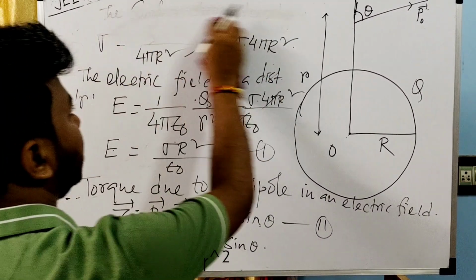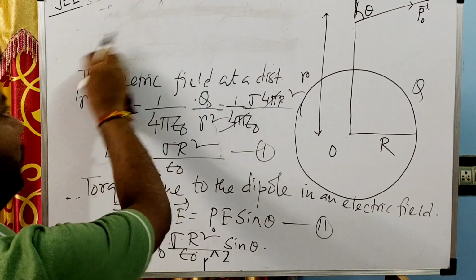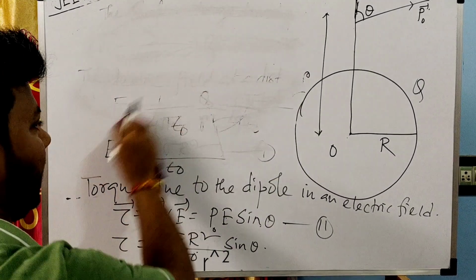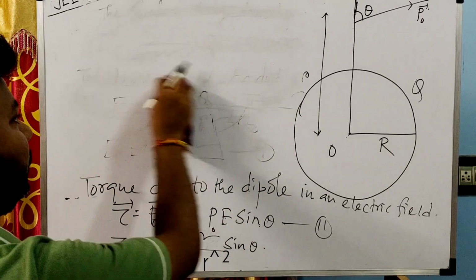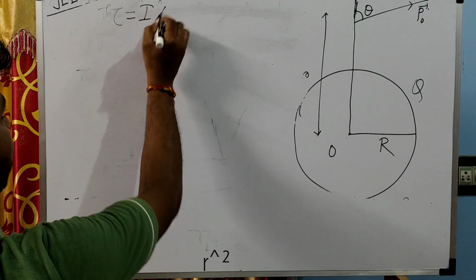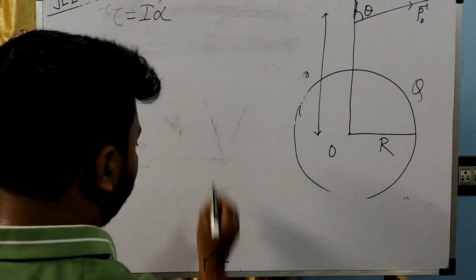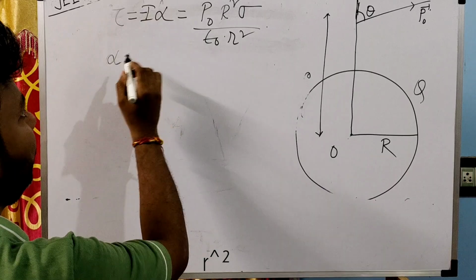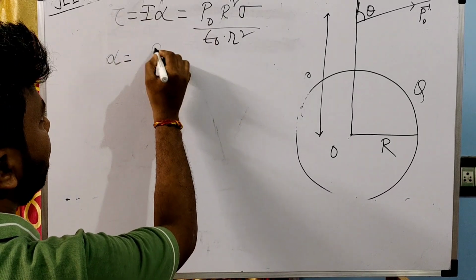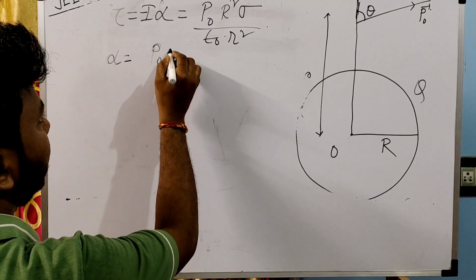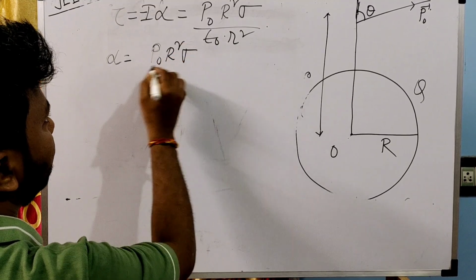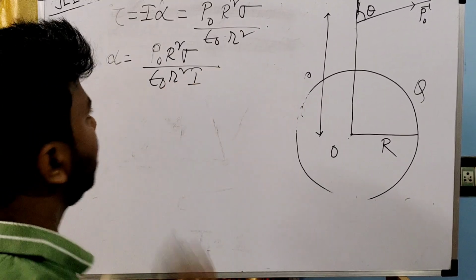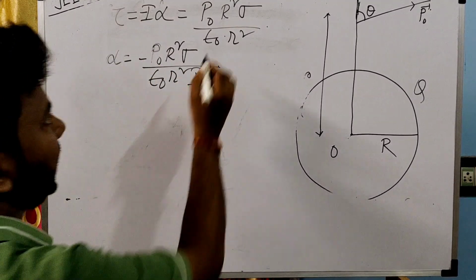Now we know tau is equal to I alpha. From this equation, alpha is equal to minus P naught into sigma R square by epsilon naught r square I, into sine theta.